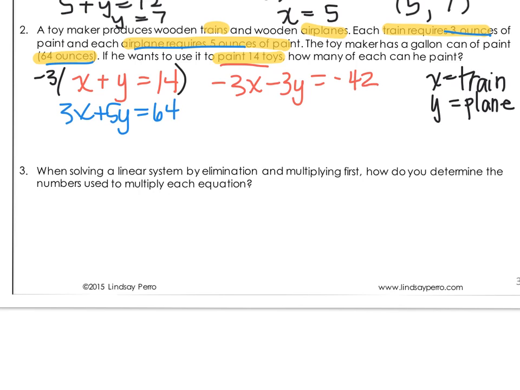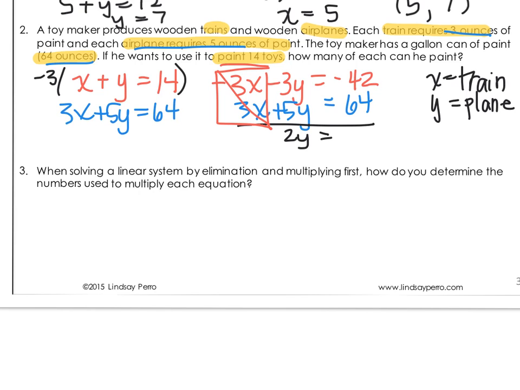And then I'm going to line up my second one, 3x plus 5y equals 64. And combine like terms, so as I'd hope, my negative 3x and my positive 3x eliminate. So then I have negative 3y and positive 5y, which is 2y, and 64 and negative 42, which is 22.